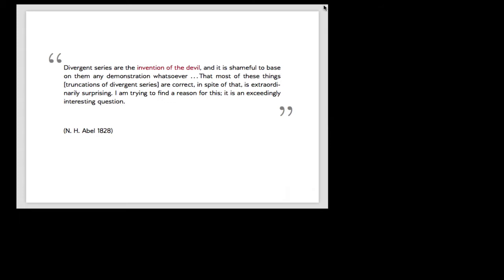Now, Abel died the next year, so he didn't have a chance to explore the question further, but in the subsequent years, mathematicians did find a clear explanation of how it can be that the early orders of a perturbative expansion can contain good empirical information, even if they go on to diverge when you sum them to all orders.